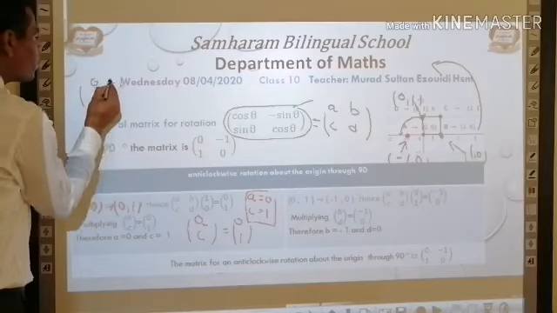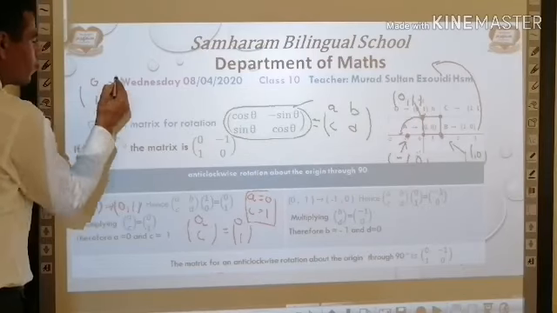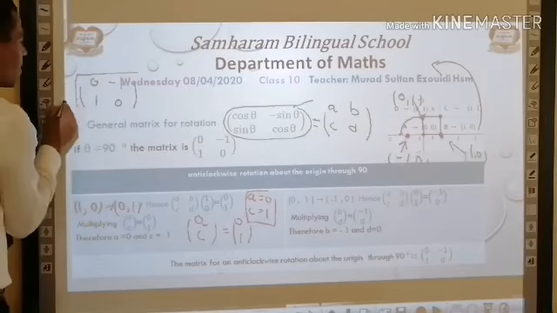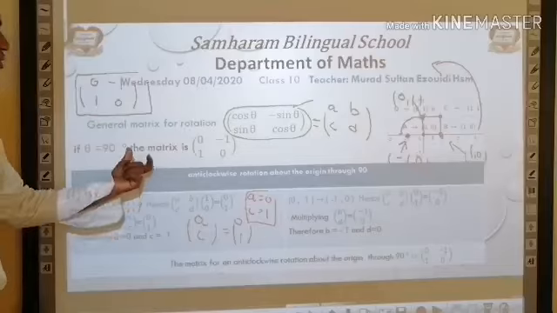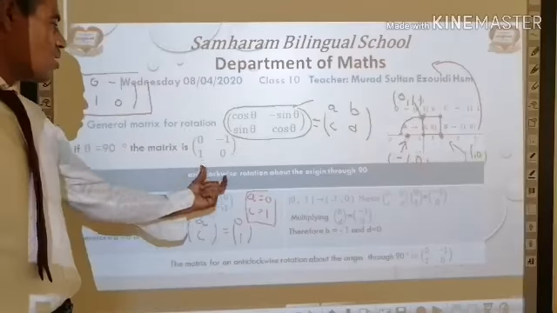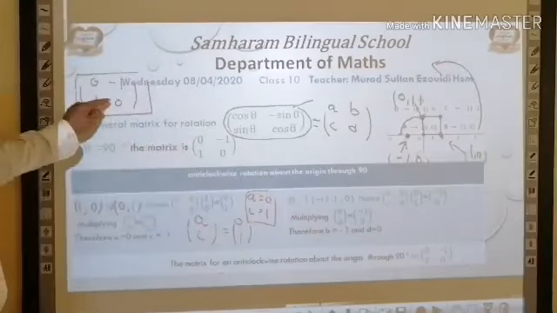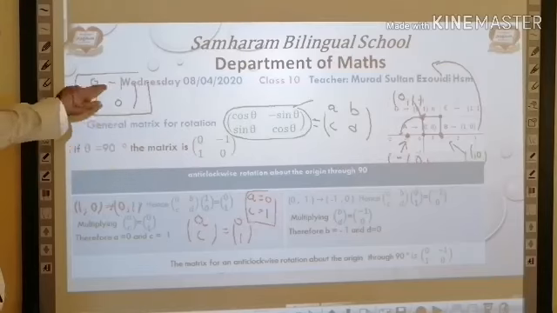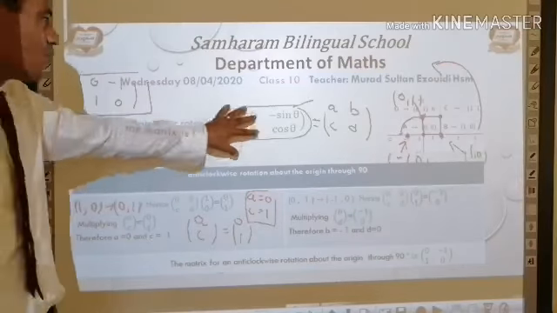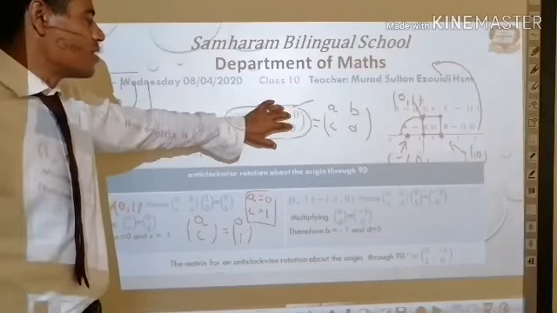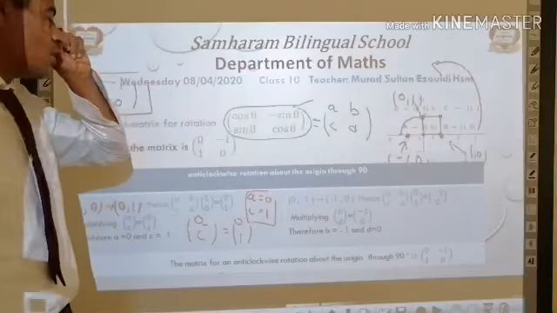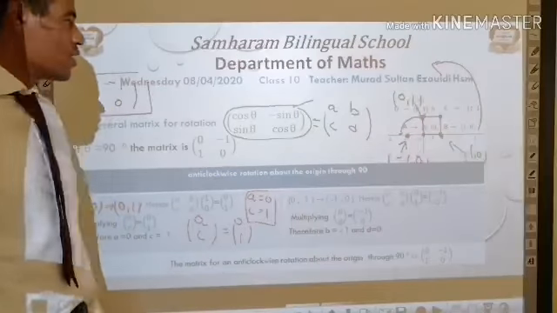The second column will be negative 1, 0. This is, in fact, my matrix for rotation anti-clockwise about the origin through 90 degrees: 1, 0, 0, 1, minus 1, 0. You can also use this by substituting theta equal 90 degrees in the trigonometric function.